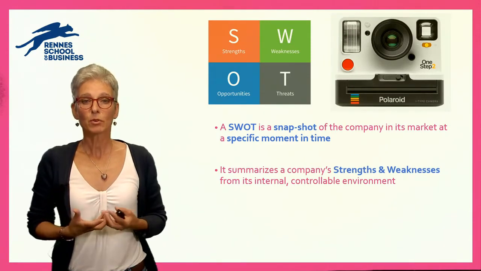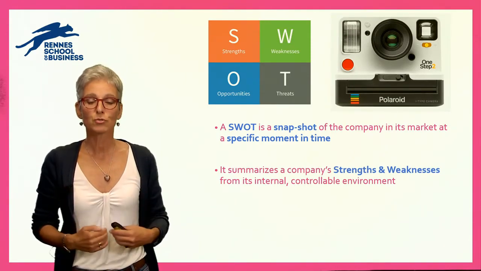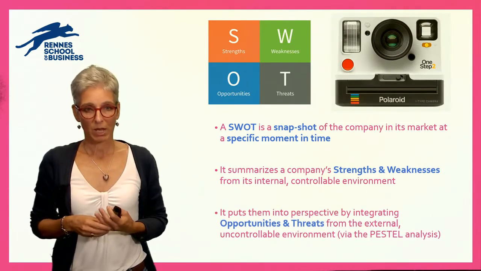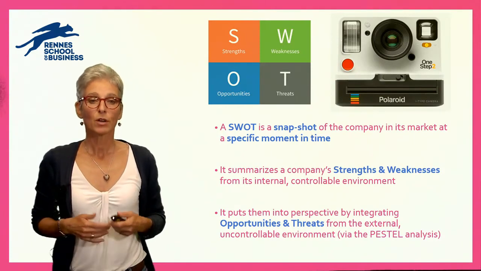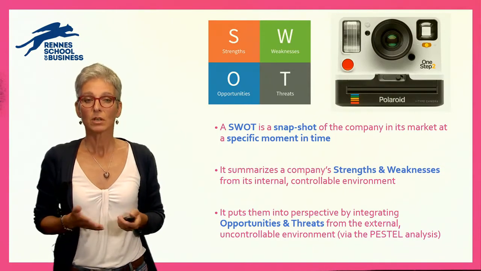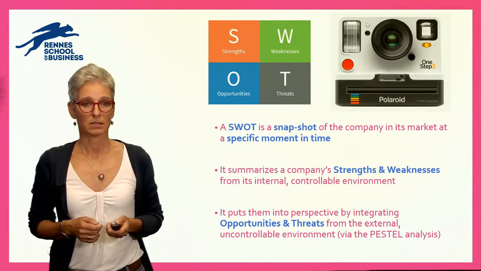So it's a summary of the strengths and weaknesses from an internal controllable environment, and it puts them into perspective by integrating opportunities and threats from the external uncontrollable environment using the PESTEL analysis that we will see in the next edition.